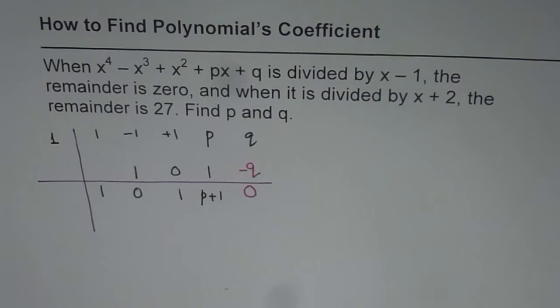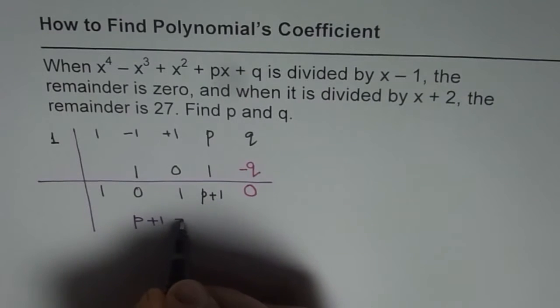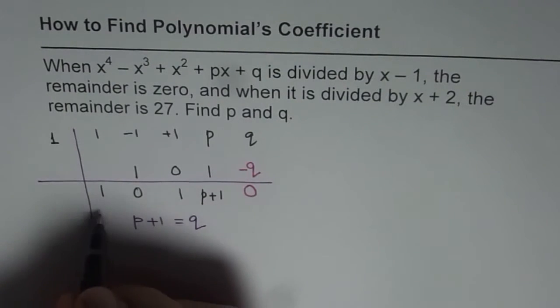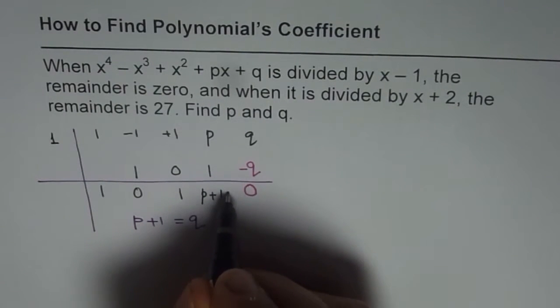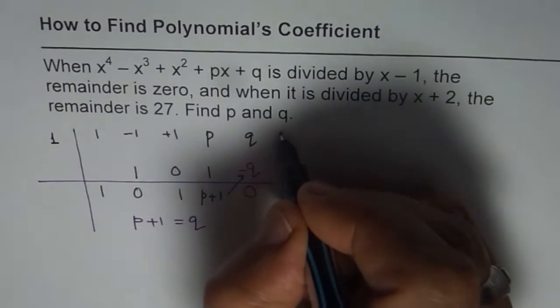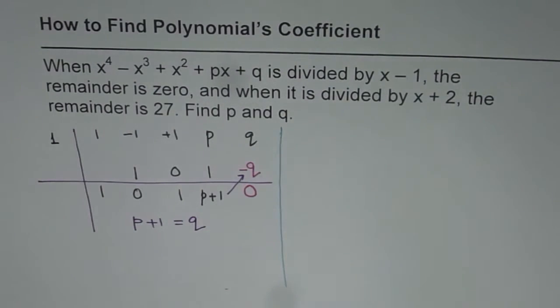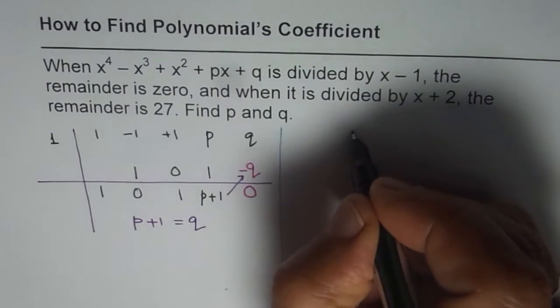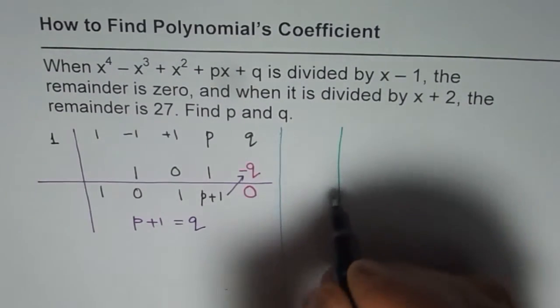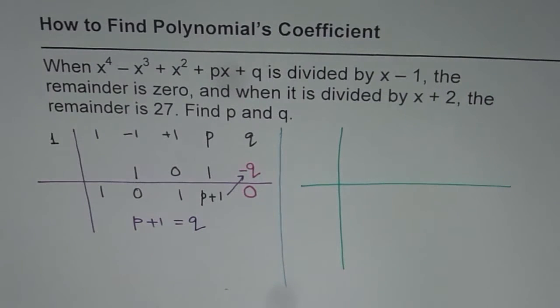Let me write down this equation as p plus 1 equals minus q. Now we'll do synthetic division with the other term and see what relation we can get. Once we have two equations, we can solve them simultaneously and find the values of the coefficients p and q.